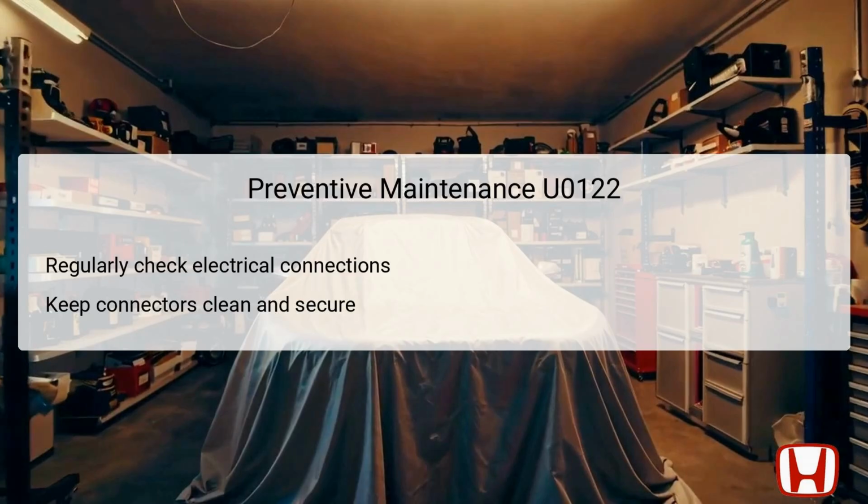Additionally, ensuring that connectors are clean and securely fastened can significantly enhance communication and power delivery between components. It's advisable to make these checks part of routine maintenance schedules, especially for vehicles that experience harsh driving conditions. Taking these preventative measures can help maintain the reliability of the vehicle's systems and prevent unexpected issues down the line.